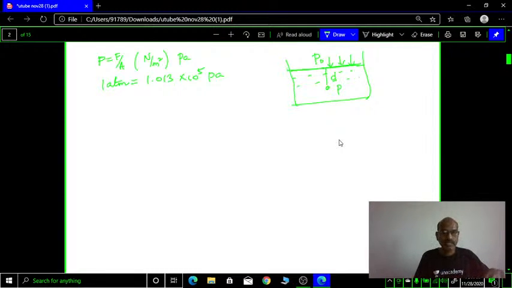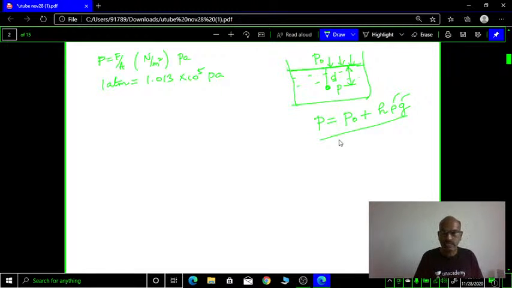Whenever a body is immersed partially or wholly inside a fluid, it experiences an upward thrust, an upward force. That is the buoyant force. Now, what is the pressure acting at a point at a depth D from the top surface of water? The total pressure acting at point P is atmospheric pressure plus the liquid pressure, that is H rho G, where H is the height of the liquid column, rho is the density of the liquid, and G is the acceleration due to gravity.